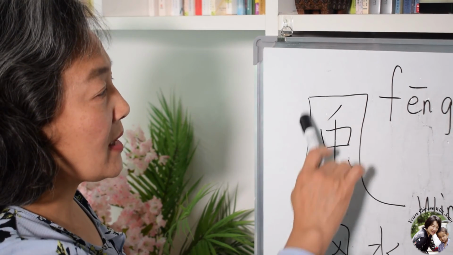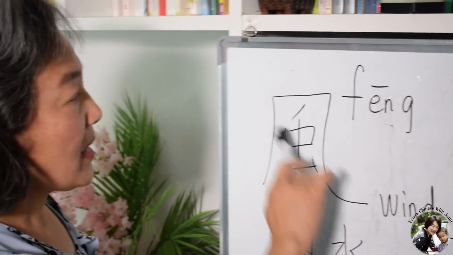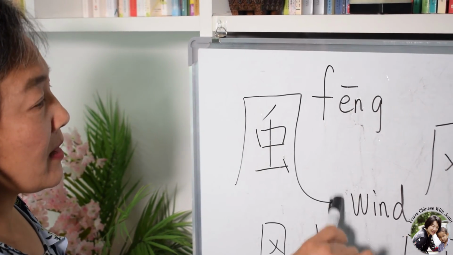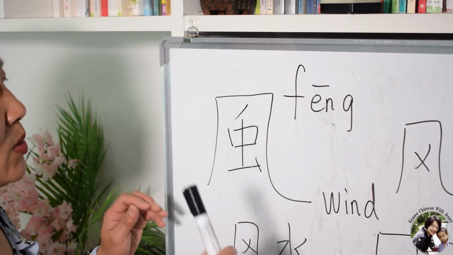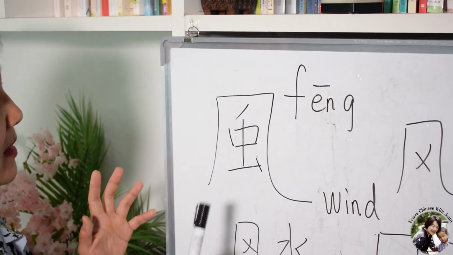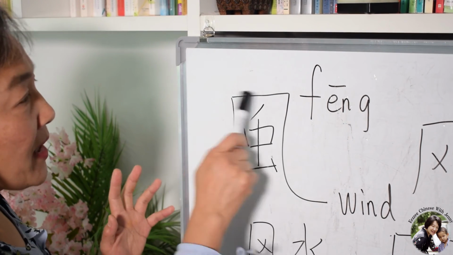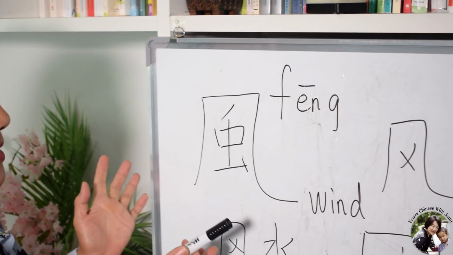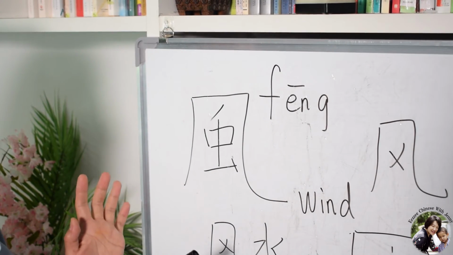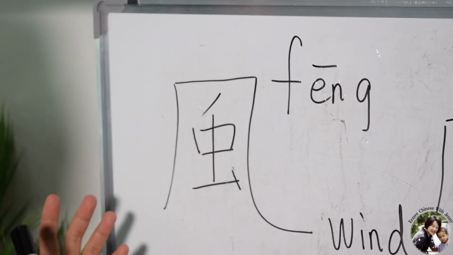How about putting the insect in this shape? This shape in the past actually represented the border, or from far away. So together it means wind. So where are all the insects coming from? They are coming with the wind.